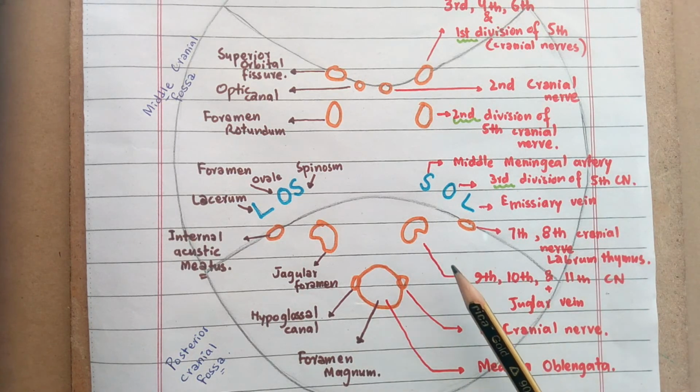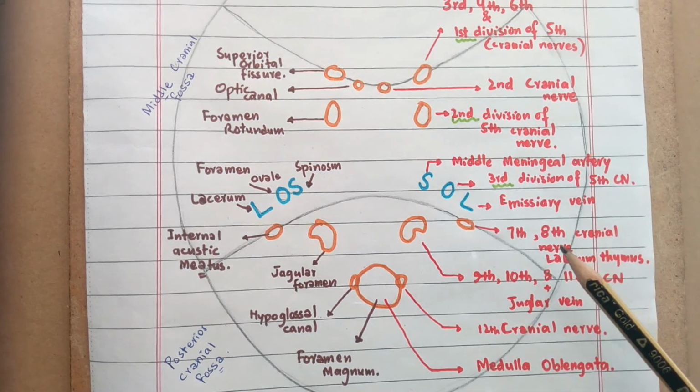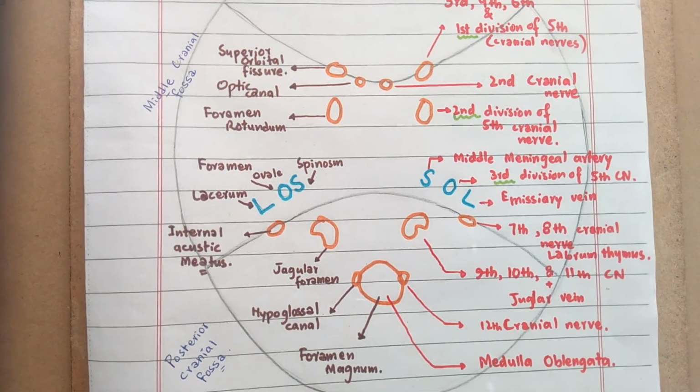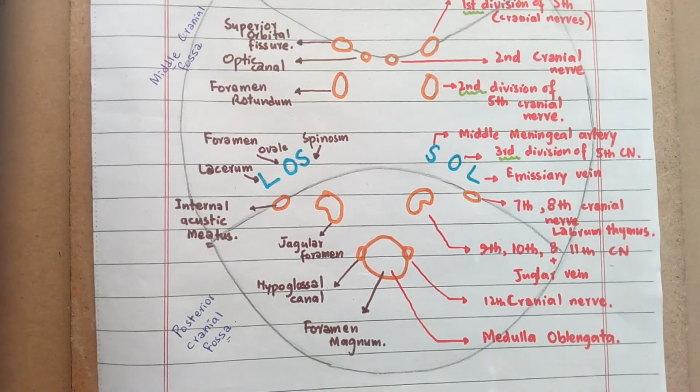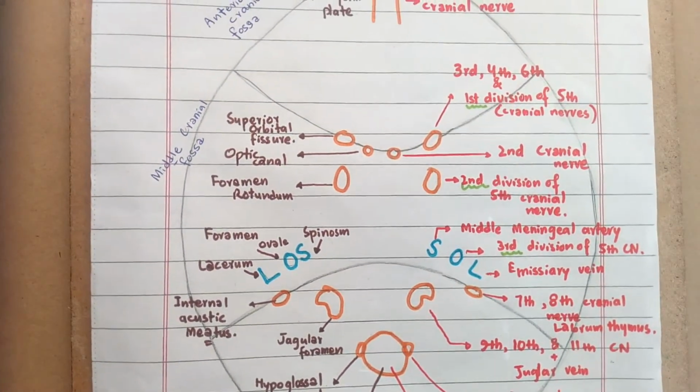And then the jugular foramen is concerned with the passage of the 9th, 10th, and 11th cranial nerves and the jugular vein. So this is the posterior cranial fossa, the foramina present in it and the structures passing through them.